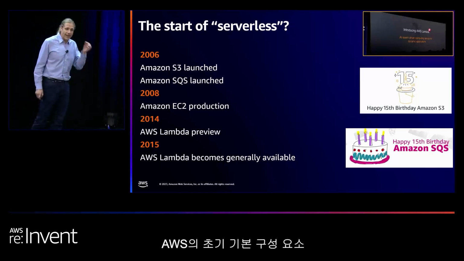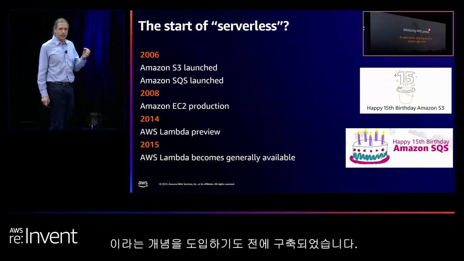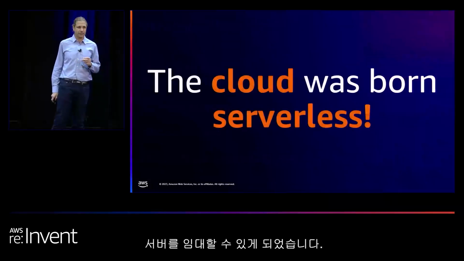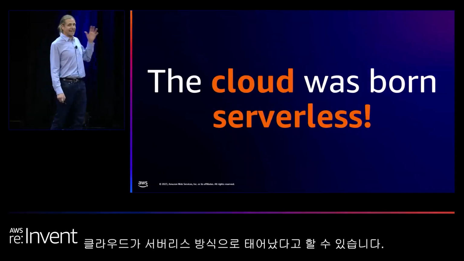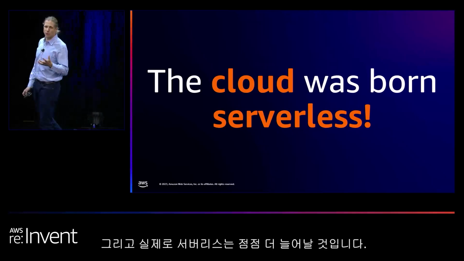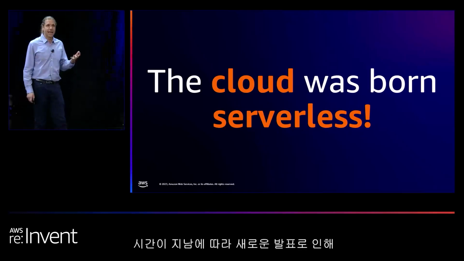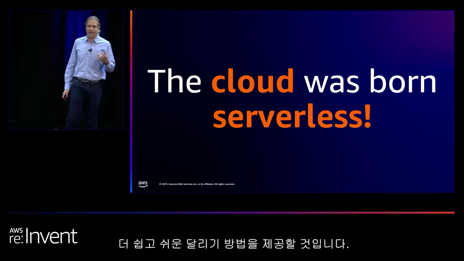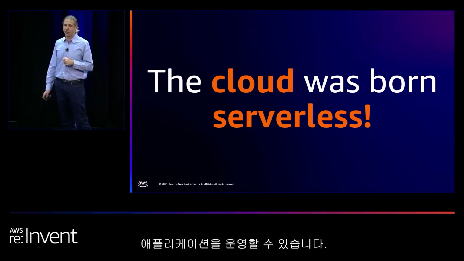The initial fundamental building blocks of AWS were built before we even introduced the idea of being able to rent servers. In fact, you could say that the cloud was born serverless. And it's only going to get more and more serverless as time progresses, as new announcements, even at reInvent, come along, providing easier and easier ways to run and operate your applications.